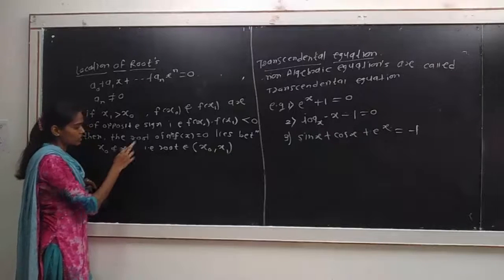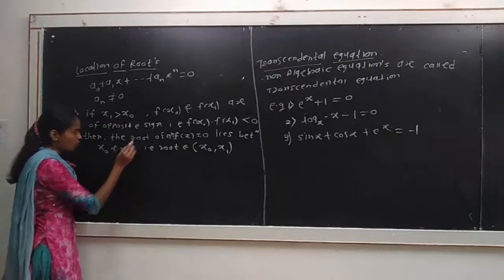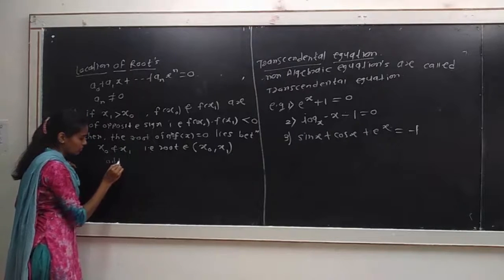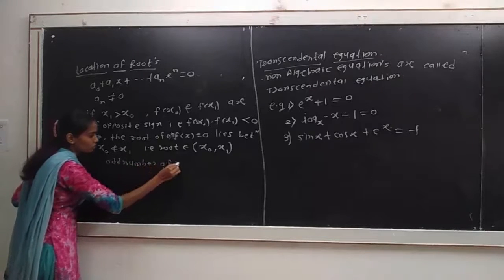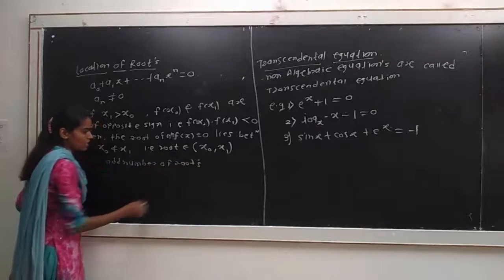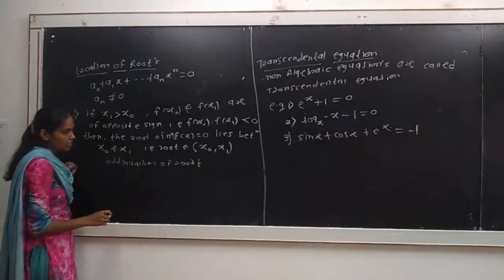Here an odd number of roots lies between x0 and x1.